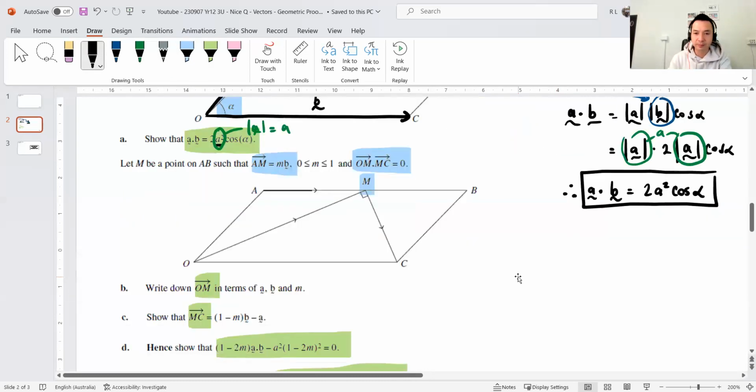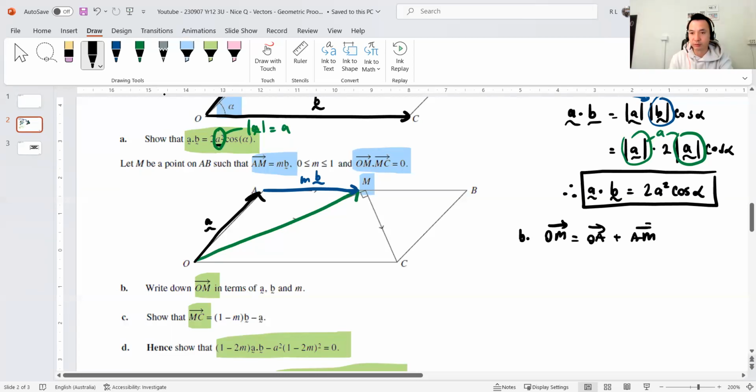Part B, OM. Now, where's OM? So OM is there. And I already know from the given that AM is equal to MB, and we knew from part A that this guy here is A. So I'm assuming OM equals OA plus AM.